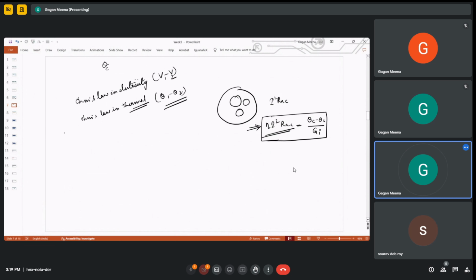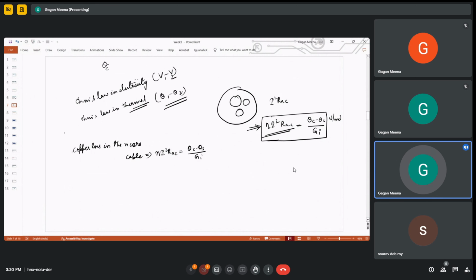So this will be watt per meter. This is the copper loss in the n core cable, which is n into I square R AC, equal to theta C minus theta S by GI.